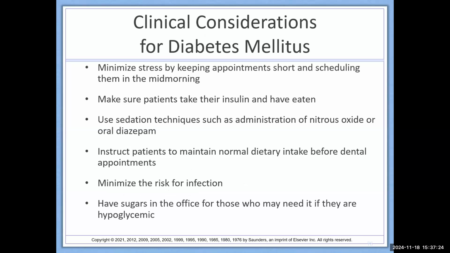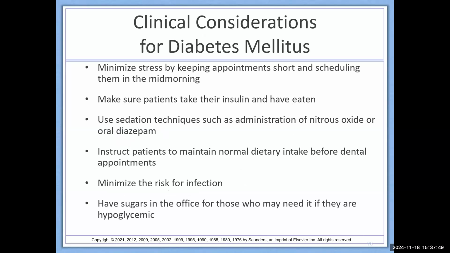Again, you want to keep their appointment short, mid-morning, and make sure they take their insulin or have eaten. Use sedation techniques, maybe even nitrous, oral diazepam, or oral anti-anxiety medication. Remember, when the medication ends in AM, it's usually an anti-anxiety medication. We want to instruct patients to maintain a normal dietary intake before the dental appointment.